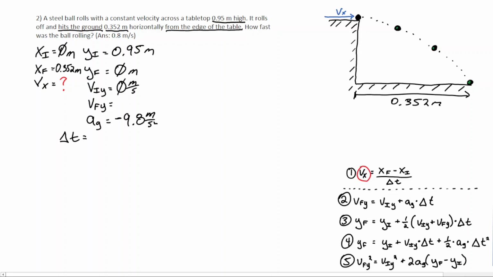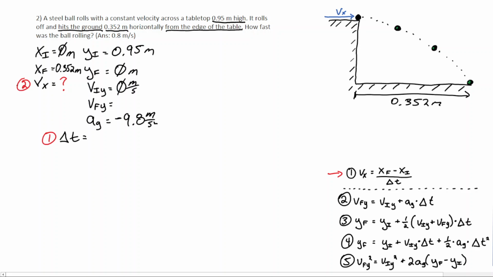So we know for sure that we're going to be using this equation. And this equation includes both Vx and delta t. So we're going to need to find out what our delta t is equal to in order to be able to find out what Vx is equal to. Okay, so that makes sense.